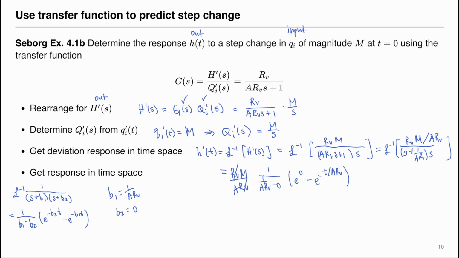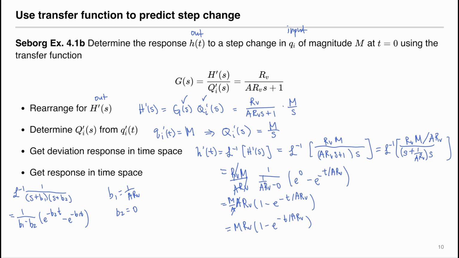And we simplify, which gives us A R V times 1 minus e to the negative t divided by A R V. Oh, and not to forget the constant in front, which is M divided by A. We can further simplify: we have M R V times 1 minus e to the negative t divided by A R V.